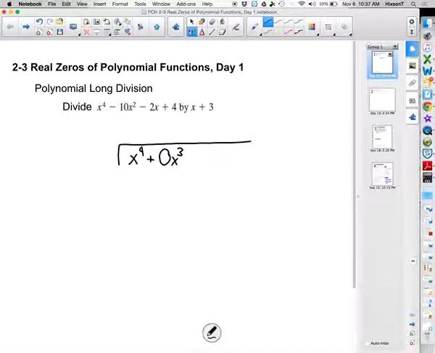So we had 0 x cubed in our original polynomial. So x to the fourth plus 0x cubed minus 10x squared minus 2x plus 4 is being divided by x plus 3. Okay? Got to make sure you have that placeholder.